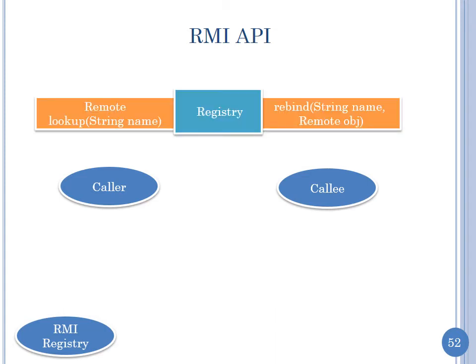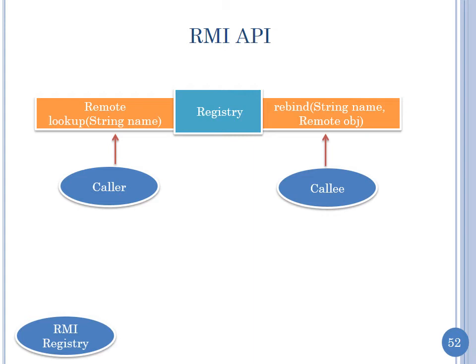It has a lookup and a rebind, which is basically a register function, and the caller invokes a lookup function, and the lookup function returns something that was registered or bound by the callee. Okay, so that's the basic name server functions.